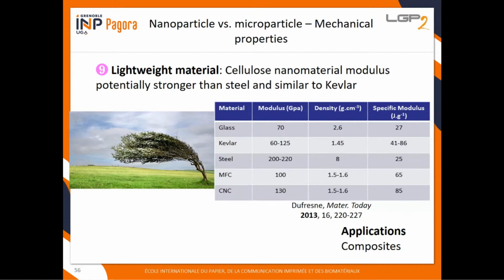You have here the density of the material, and the specific modulus is obtained by dividing the modulus by the density of the material. And you can see that in the case of cellulose nanomaterial, it is much higher than for steel or for glass, and in the same range as Kevlar. And of course, we can think about composite application because we have both strong and lightweight material.